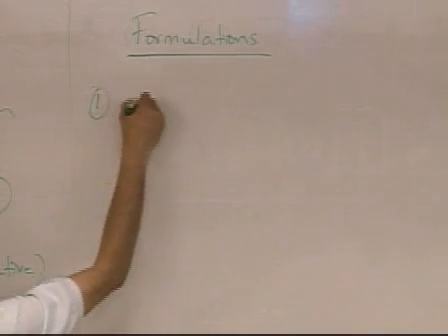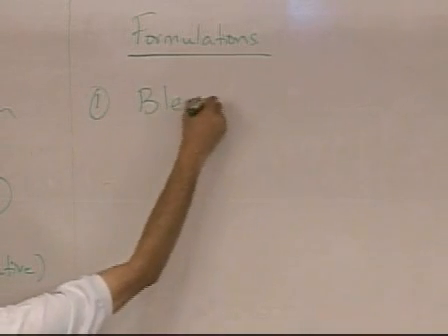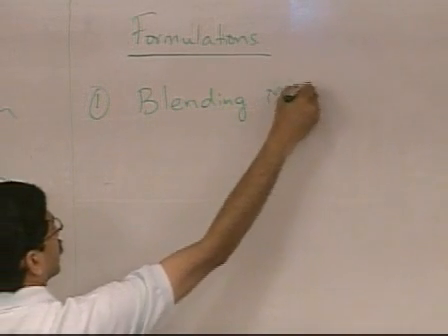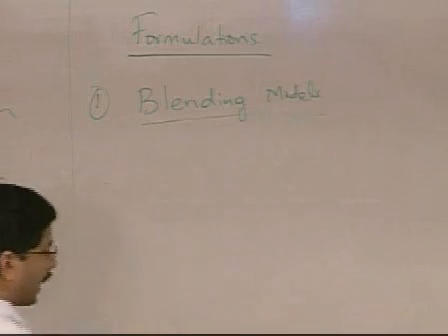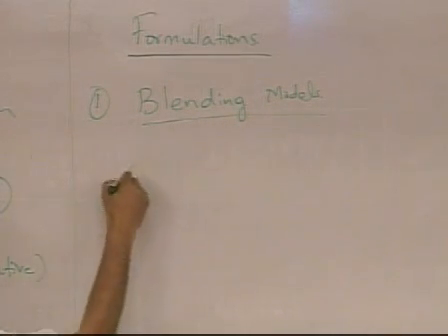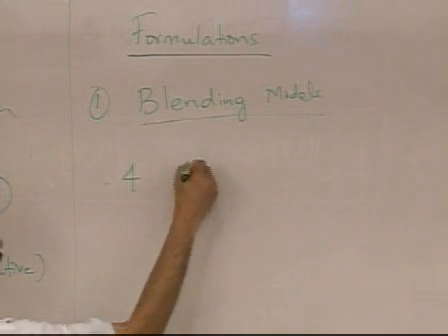These are what are called blending models, and they often have the following structure. Let's say that there are 4 different kinds of gasoline.